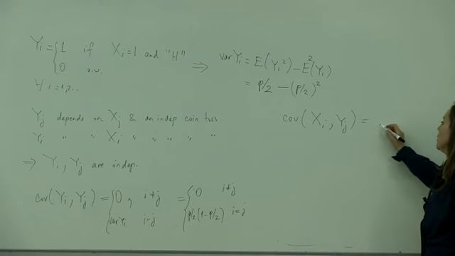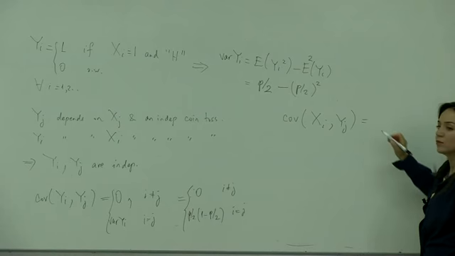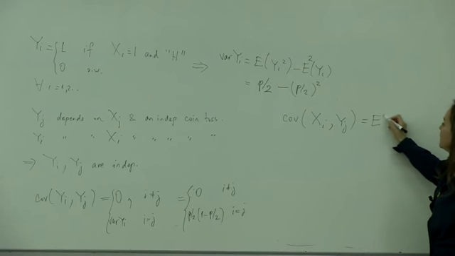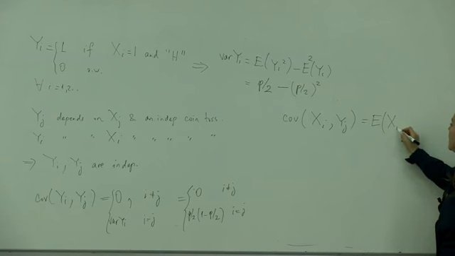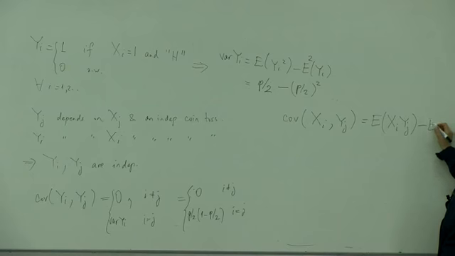Let's use this definition: expected value of xi yj minus expected xi times expected yj.